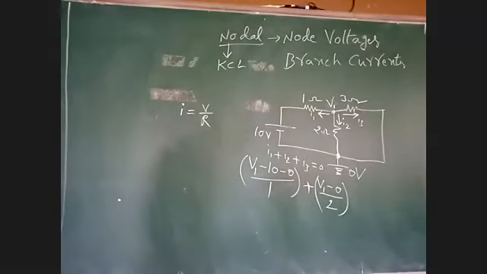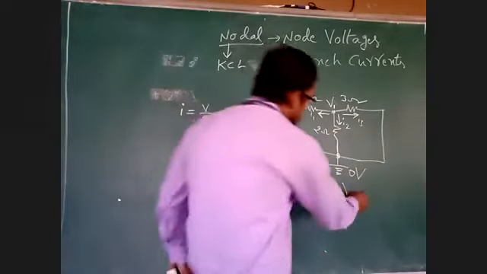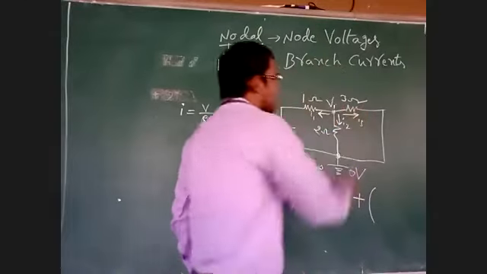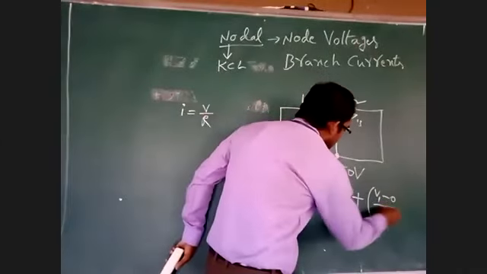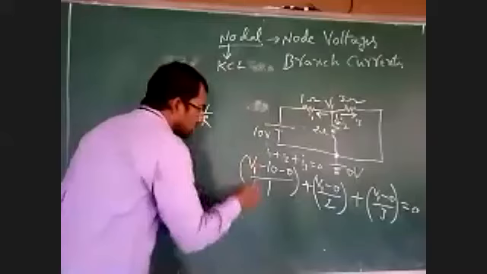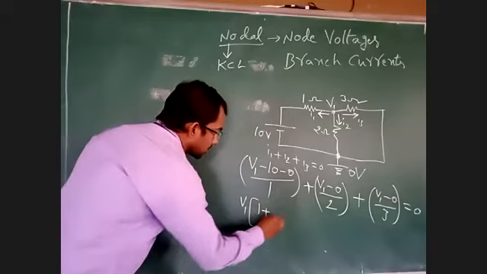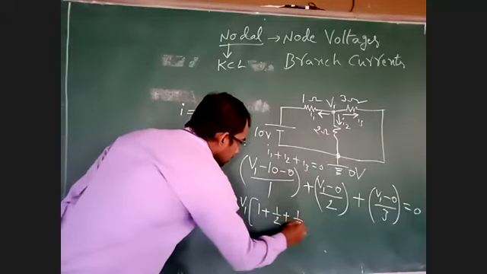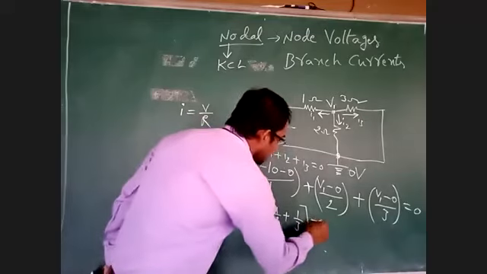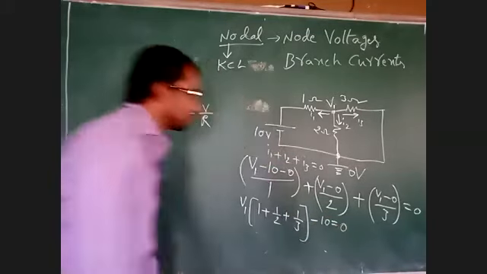In that path I2, only the resistance 2 ohms is there. What is I3 now? V1 minus 0 by 3. Now take V1 common here. That is V1 times (1 plus 1 by 2 plus 1 by 3) minus 10 is equal to 0.